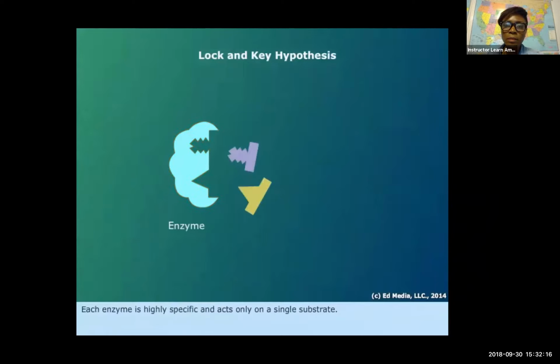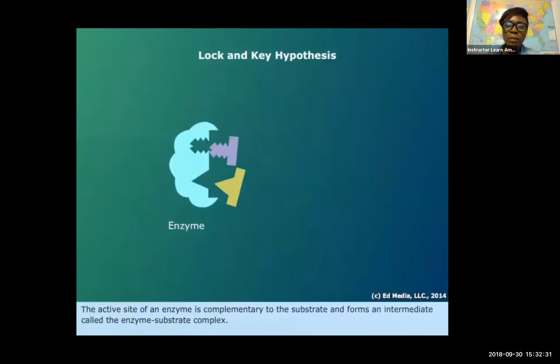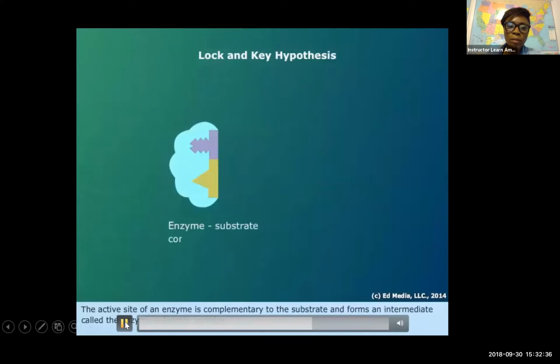Each enzyme is highly specific and acts only on a single substrate. The substrate binds to a specific region of the enzyme called the active site. The active site of an enzyme is complementary to the substrate and forms an intermediate called the enzyme-substrate complex.